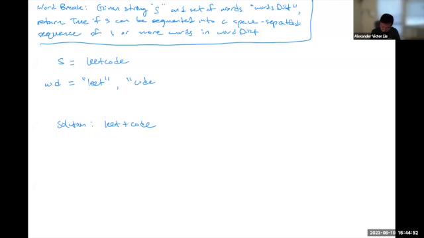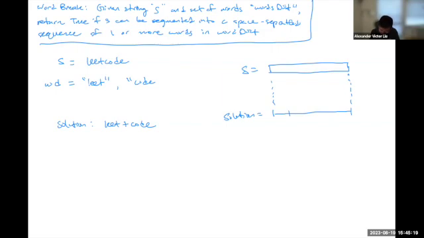More generally, if we have a string S, say it's that long, what we want our solution to look like is the string S broken down into discrete words that are from our word dictionary.